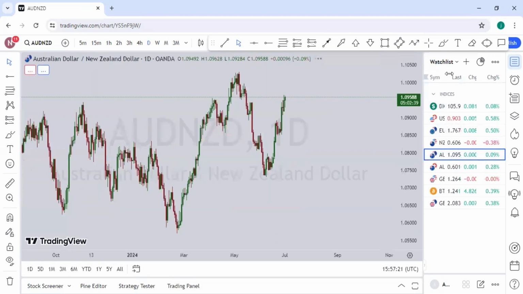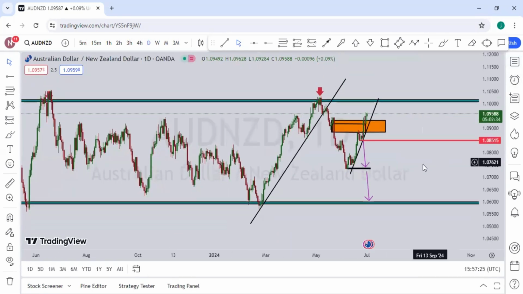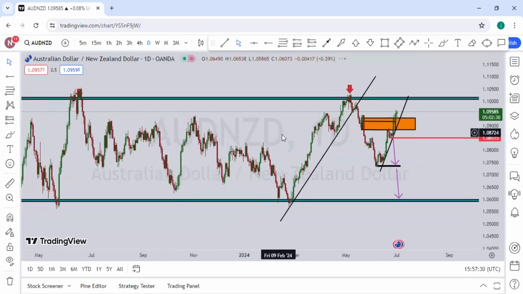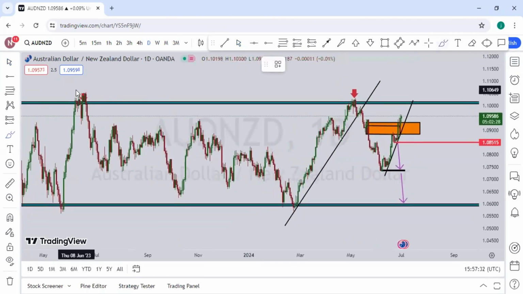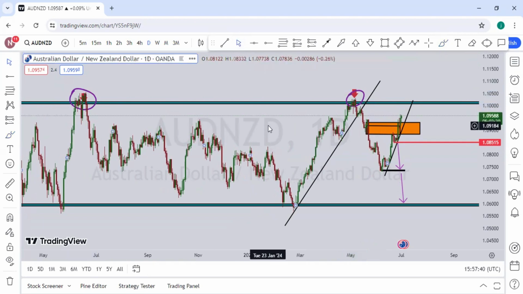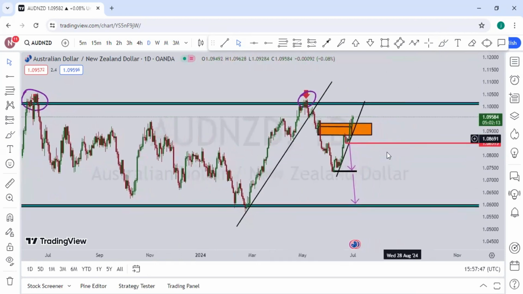Another pair also, this is AUD NZD. This AUD NZD failed to give me a setup. First of all, if you could have seen very clearly, this is a zone. The market touched this zone 2 times, which makes it an important level. Also, the market broke my counter trend line and retested my area.